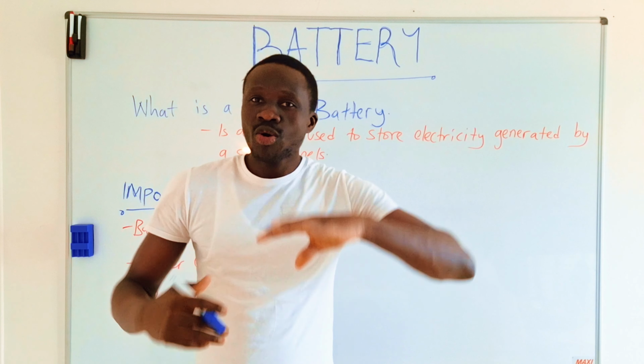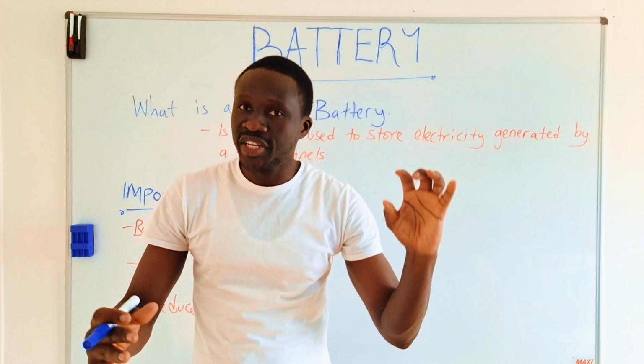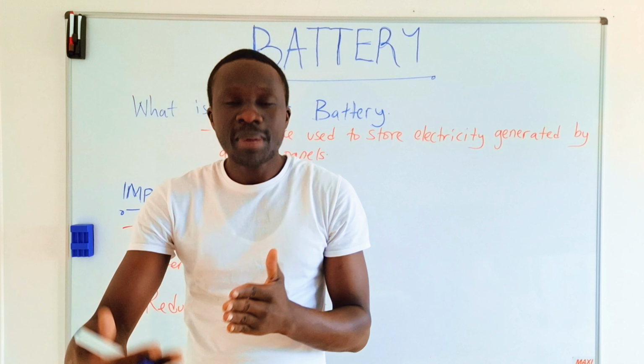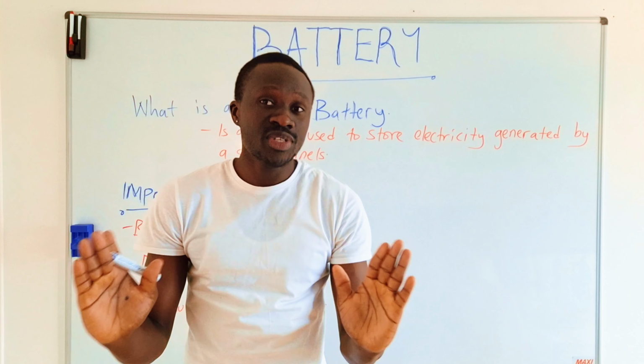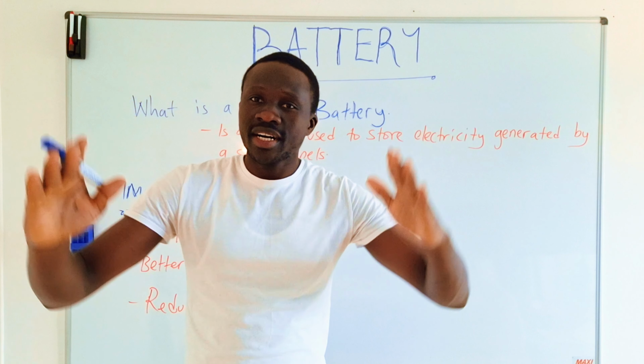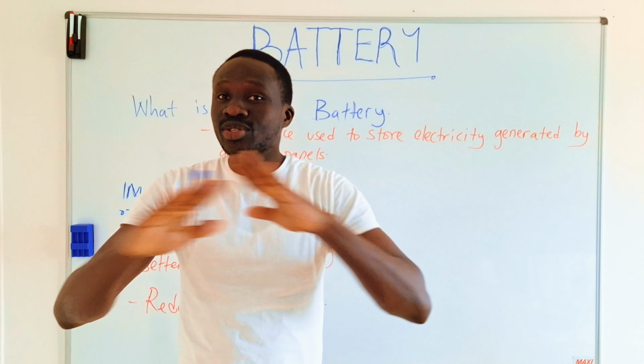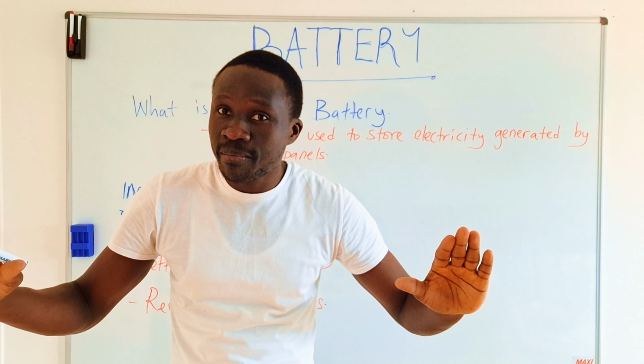Let us say you wired your house with bulbs, TVs, fan, and fridge. Every month, remember, there is no free electricity. Whatever country you are in, whether America, European countries, African countries or Asian countries, there is no free electricity.